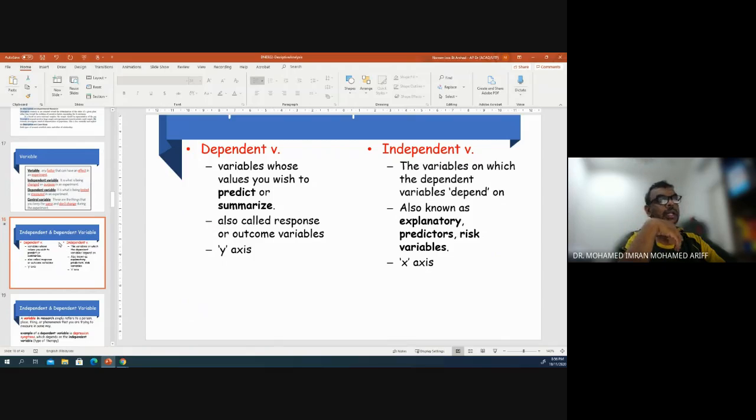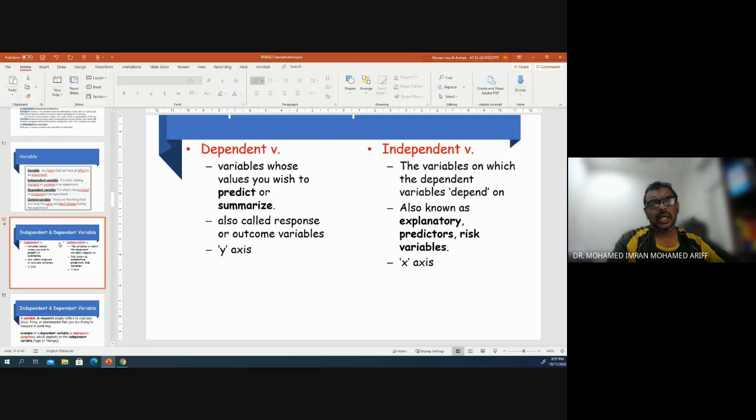Okay, independent. Individually, these are the variables on which dependent variables depend. The dependent variable depends on this independent variable. It is also known as explanatory, predictive, or risk variables. Exercise, fasting, eating less.